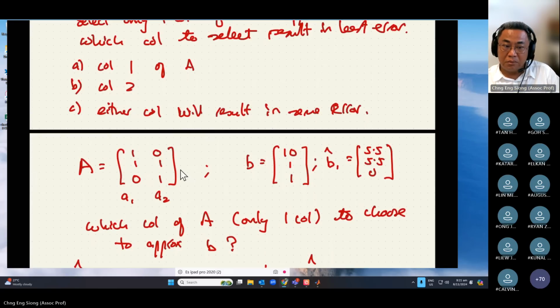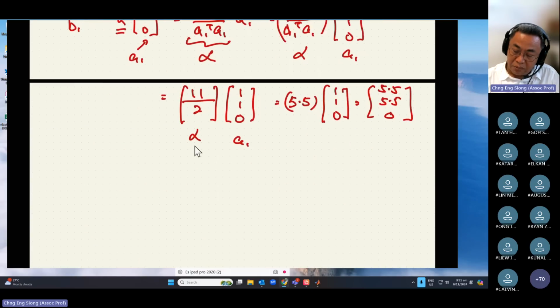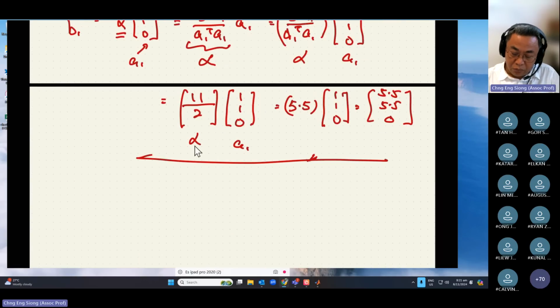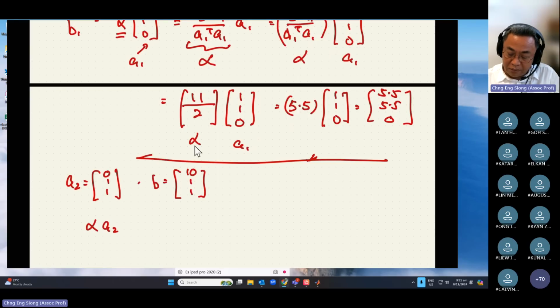A2? Okay, fine, A2. A2 is 0, 1, 1. B is 10, 1, 1. What is alpha A2 going to be? Or beta A2?